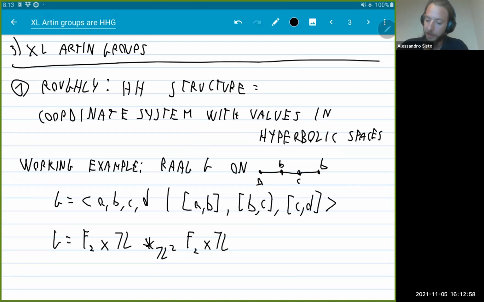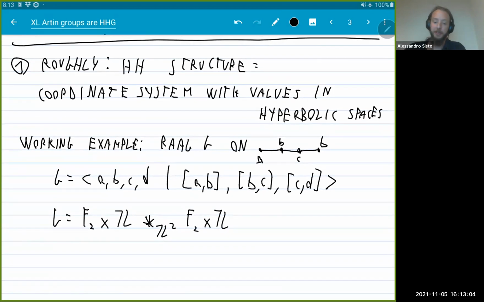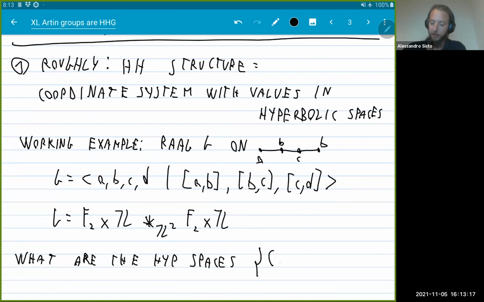So okay, coordinate system with values in hyperbolic spaces. I have to tell you what the hyperbolic spaces are, at least. We'll denote them. There's going to be this family of hyperbolic spaces that provides the coordinates.